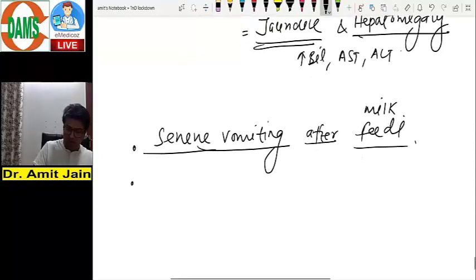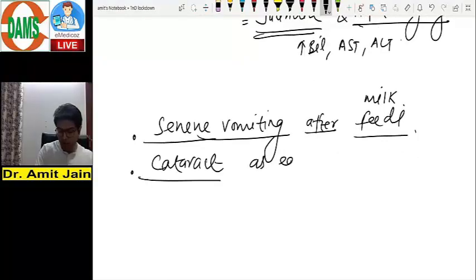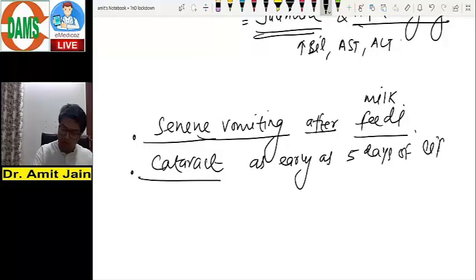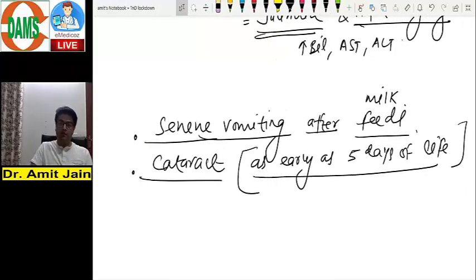Then the third feature, the baby may present with cataract, which may be as early as 5 days of life. I mean, it may be, let's say, in the second week of life.